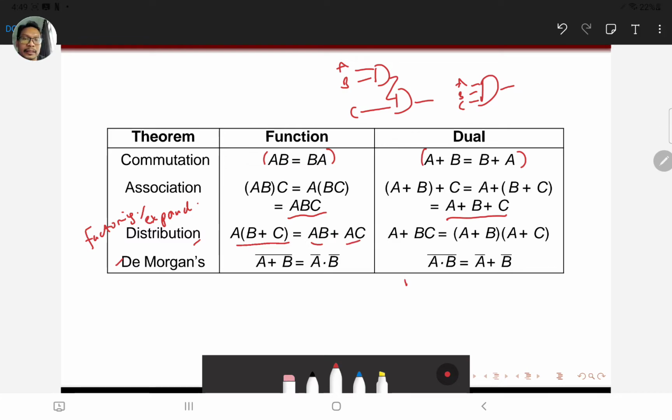And here is another important duality for the OR, where A plus BC is in fact equal to (A plus B)(A plus C). This is also very useful and very important, and it's not obvious. The theorem is not so obvious that A plus BC is in fact equal to (A plus B) AND (A plus C). And the De Morgan's theorem we will look into in more detail later on.